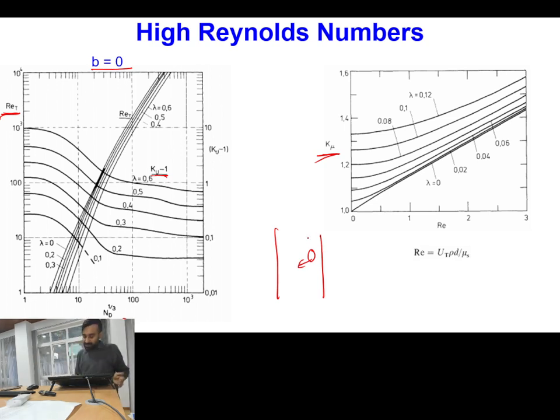Migration means the particle will not follow a straight path parallel to the wall, but it can either come towards the center or go in the outward direction depending upon the inertia of the particle. Right now, we are assuming that we are operating in the steady regime, where the particle is moving at its terminal velocity. So it is an inertia free system. That's why I am not discussing much about the migration effect.